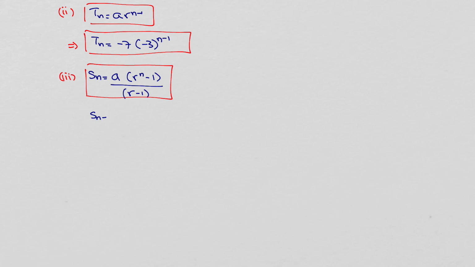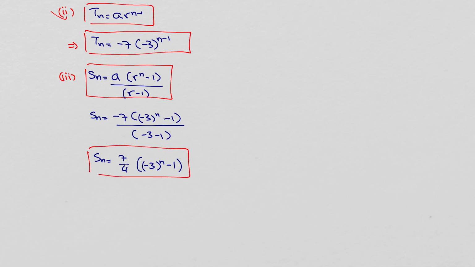If I sub in my values, we know again a is minus 7, and then that's minus 3 to the power of n minus 1 over minus 3 minus 1. In other words, we have 7 over 4 times minus 3 to the power of n minus 1.